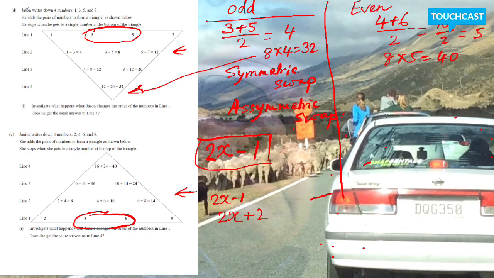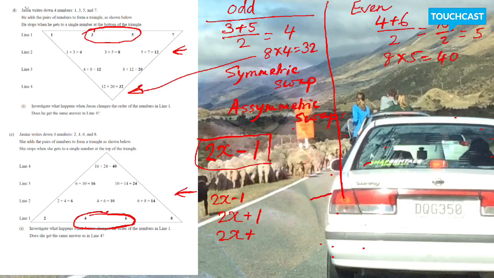I'm sorry, I should have said 2x plus 1, and then 2x plus 3, and then 2x plus 5.